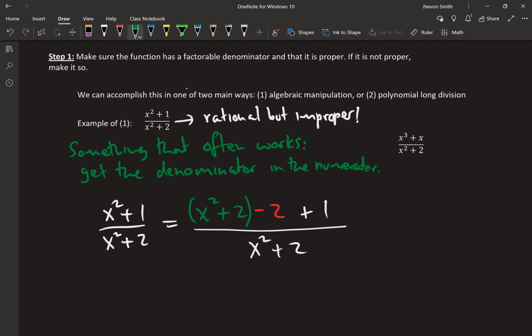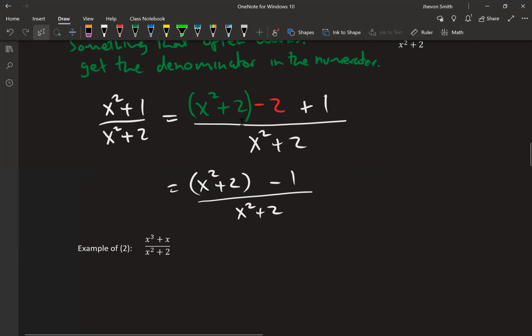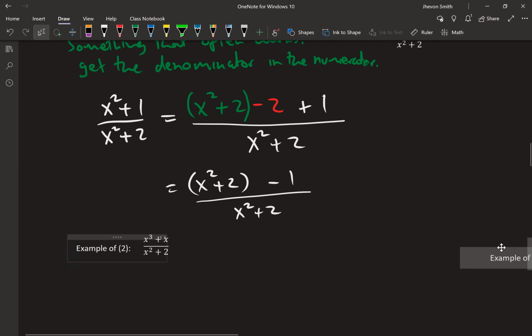Now, what does that allow me to do? Notice what's going to happen here. Now you will have x squared plus 2 minus 1 in the numerator. This allows you to actually break the fraction into two parts.